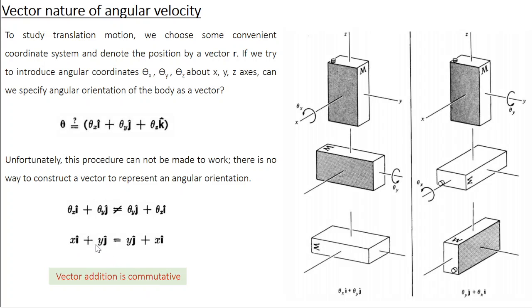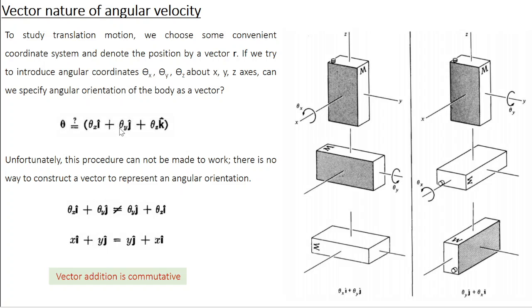Since x and y coordinates follow this principle, I can say that x, y, z, etc. are true vectors. On the other hand, theta x, theta y, theta z, etc. are not true vectors because their vector addition is not commutative. That's why it's not possible for me to write an angular vector similar to a position vector. So this is not a possibility.